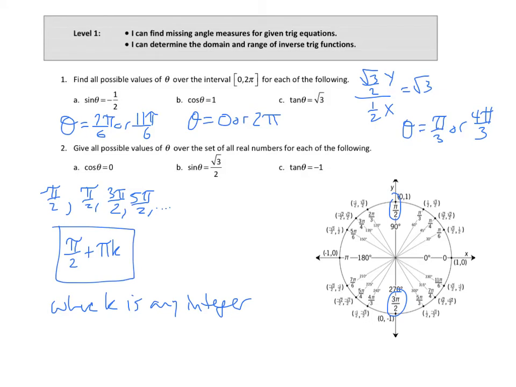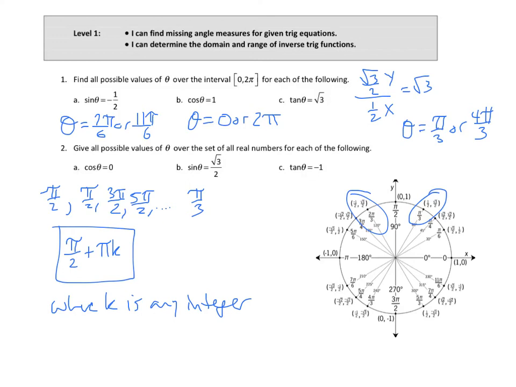Okay, the next part, we want to know all possible angles that have a sine value of radical 3 over 2, or a y value of radical 3 over 2. That's pi over 3 and 2 pi over 3. And then also any angles coterminal with those. So starting with pi over 3, I could add a full circle to that, so add 2 pi, and I would get another coterminal angle.